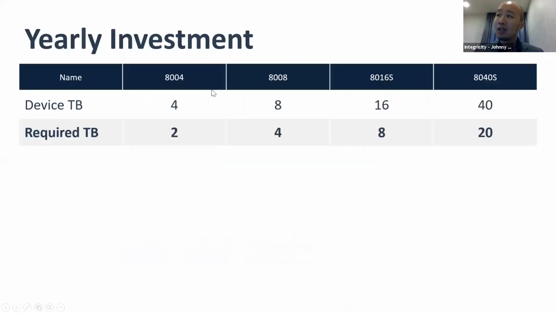As you can see here, let me give you an example on the device based on the storage. It depends on your storage size, not so much on how many VMs or how many CPU cores and things like that. So if you require to back up 2 terabytes of data, we recommend to double up your amount.